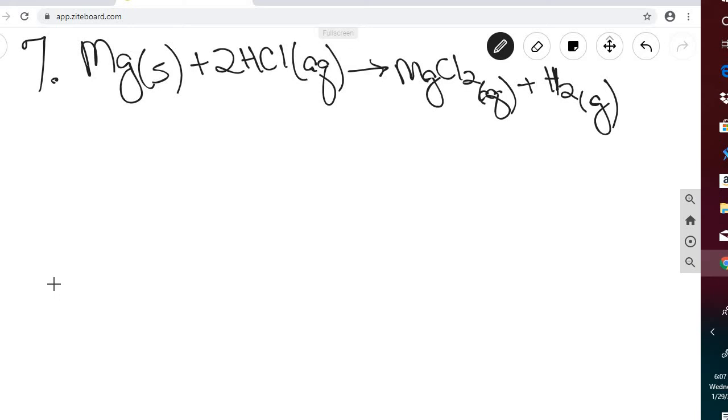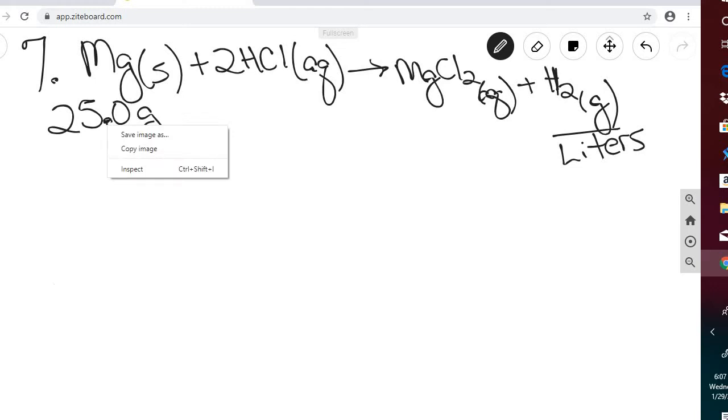Okay, so how many liters of hydrogen are made? We want to know how many liters of this are made, given the temperature, the pressure, and that we start with 25.0 grams of magnesium.